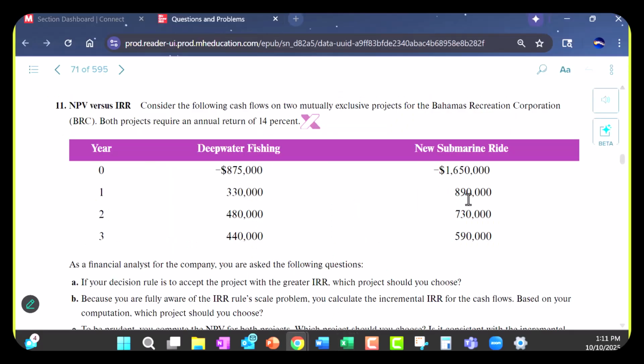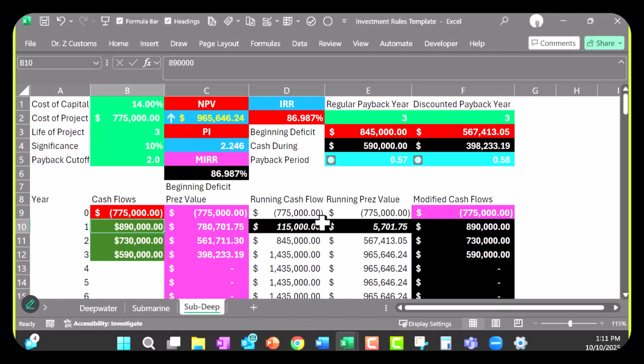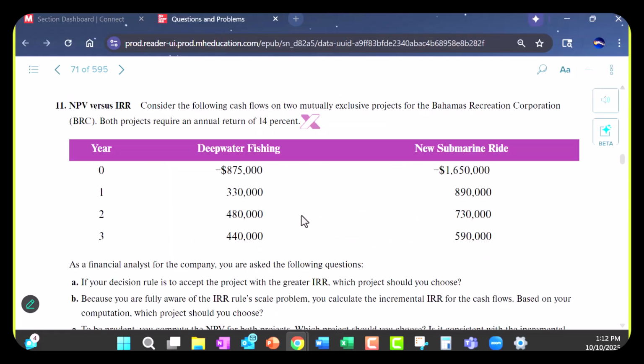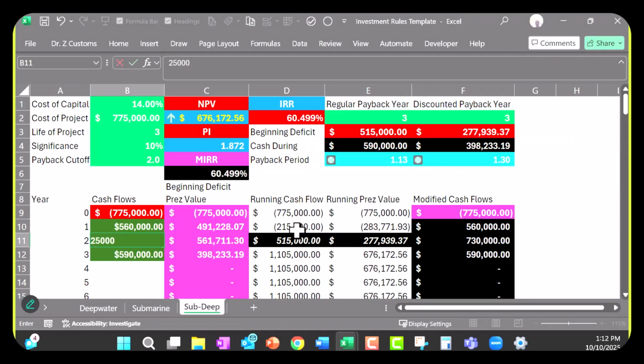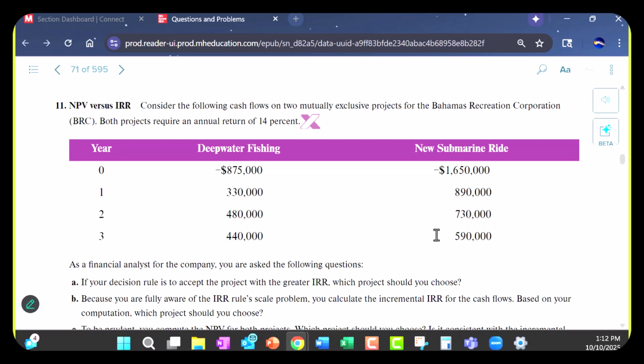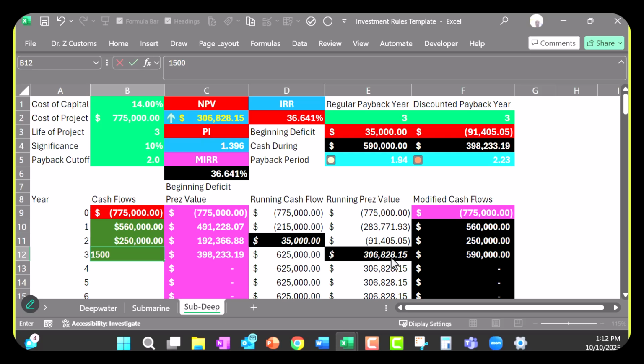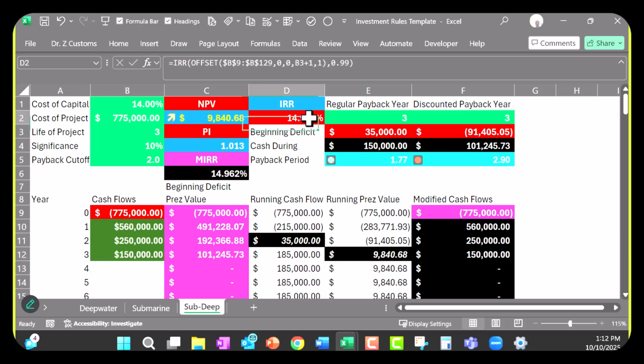First year you make on the submarine 560,000 more. Second year, 250,000 more. Third year, 150,000 more. And the IRR of the cash flows, the difference of the cash flows, is called incremental IRR.